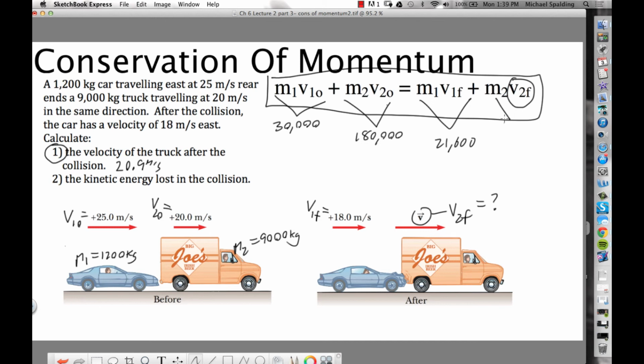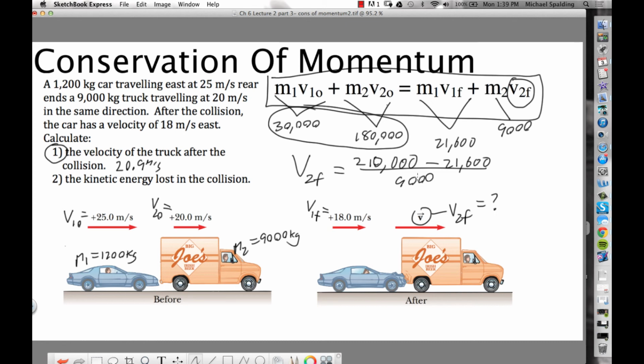And M2 is 9,000. When you solve for V2 final, you have 210,000, which is these two added together, minus 21,600, all over 9,000. Did I do that right? 210,000 minus 21,600 divided by 9,000. Yep, 20.9.